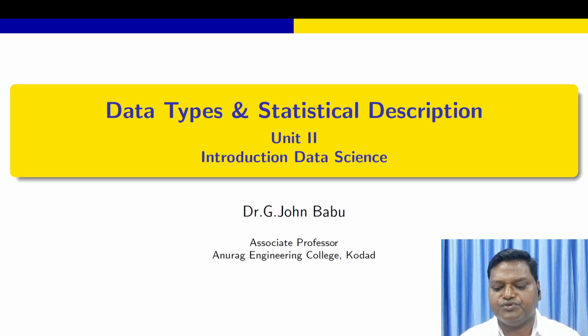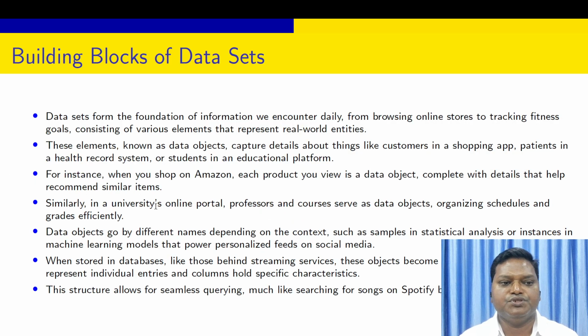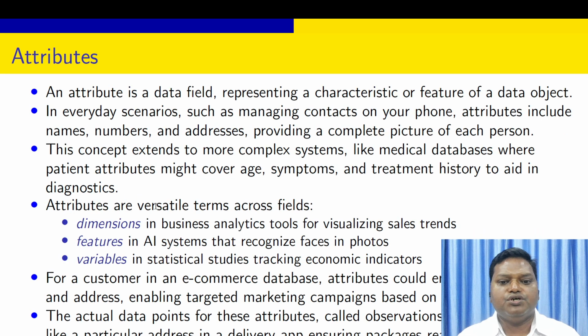So, as part of our introduction to data science, we are talking about the data, how we can describe a given data effectively so that the user can have a glimpse of what is happening, what the data is about. One aspect of describing data is using attributes.